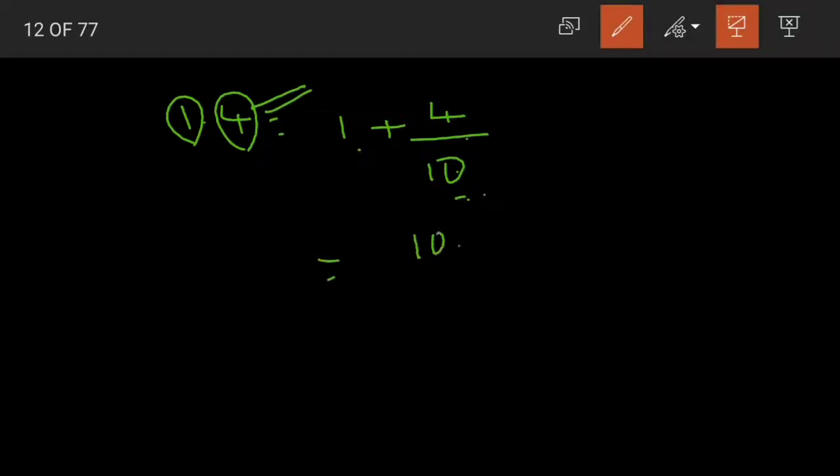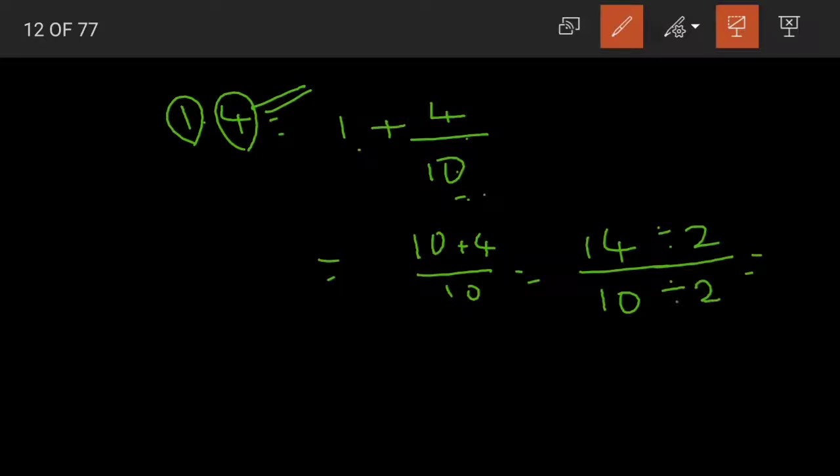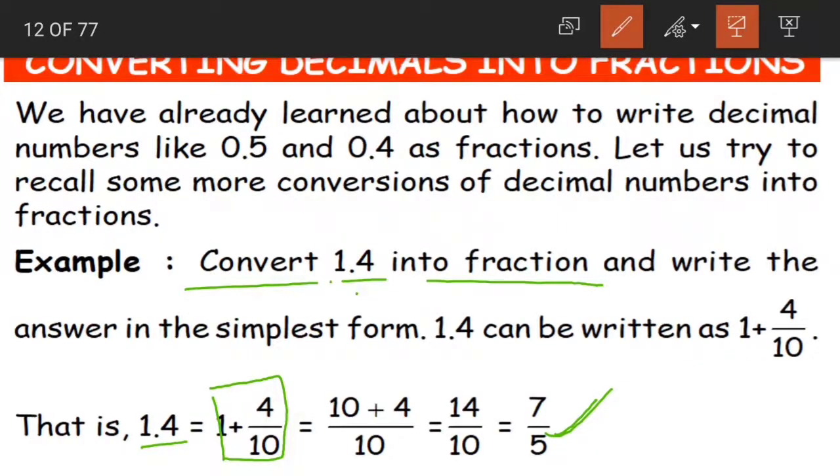Now 1 plus 4 by 10 will be 10 plus 4 by 10, that is 14 by 10. Next, as both numerator and denominator have 2 as their HCF, highest common factor, we are dividing them by 2. So the final answer will be 7 divided by 5. The answer in its simplest form is 7 divided by 5.